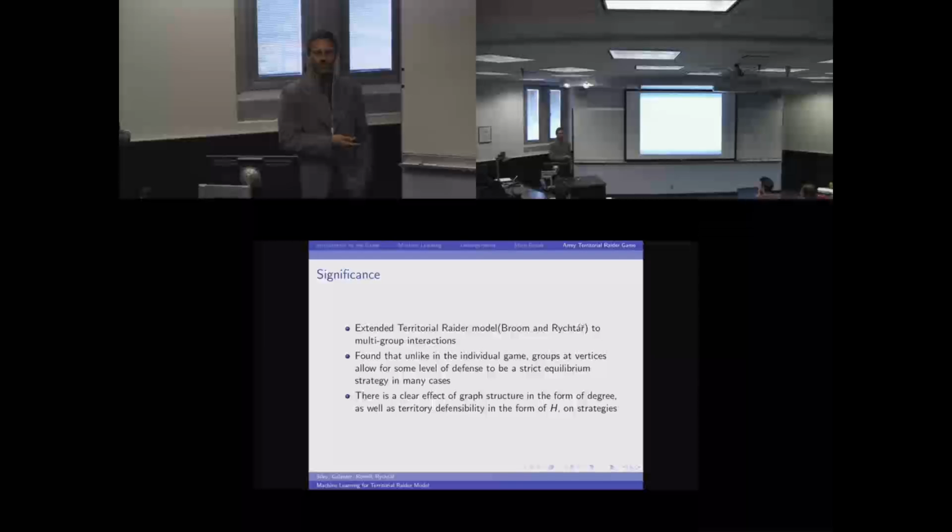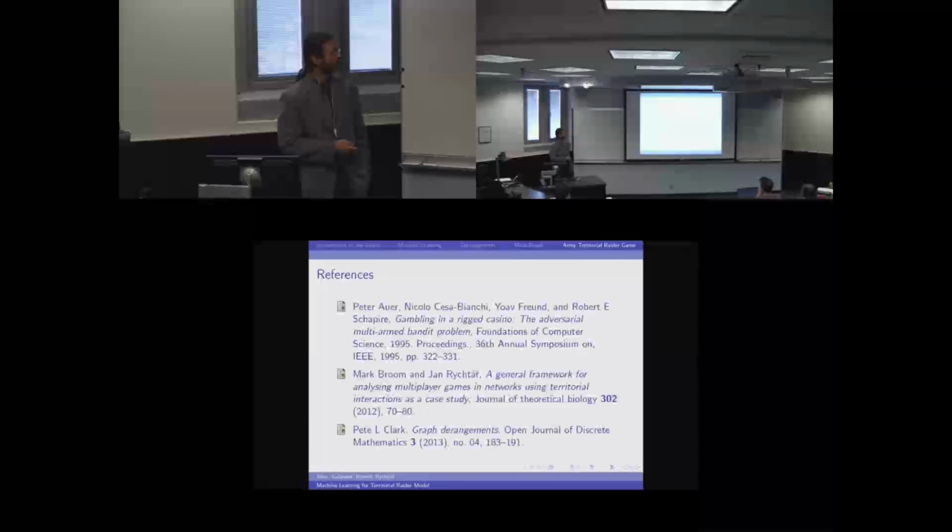But if you look in nature, nobody really does that. Everybody defends the home at least a little bit. So once we built that army model, this is what we are seeing: you still put something into defense. Maybe not much, but something. And I haven't really shown it, but there is an effect of the graph structure on the payoffs.